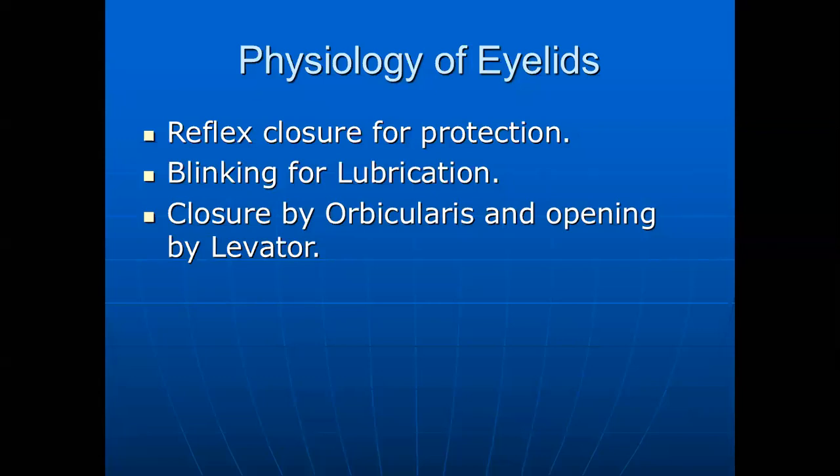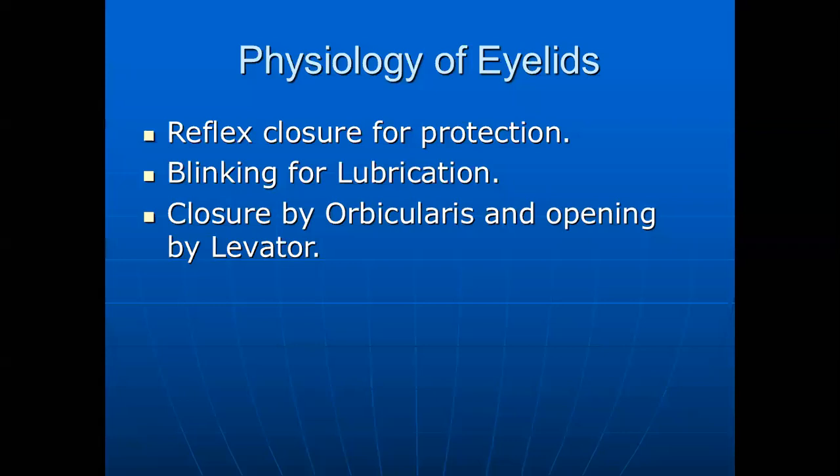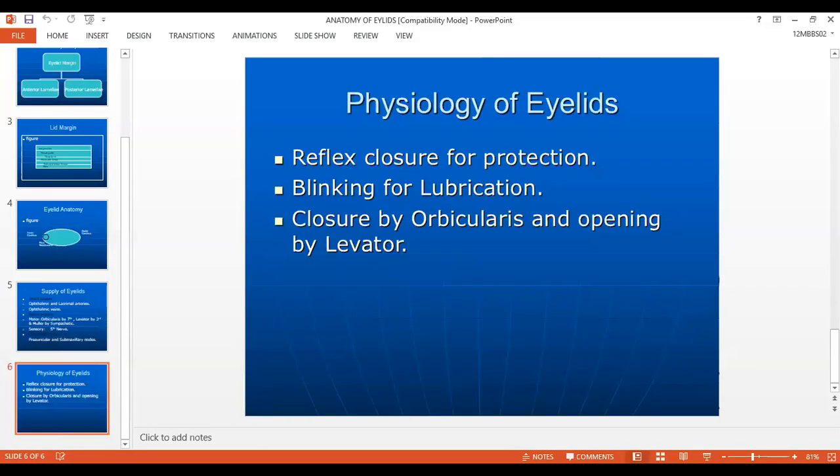The closure of the eyelid, as I already told you, is by the help of the orbicularis oculi, and the opening of the eyelid is mainly by the levator and a little bit by the Muller muscle. Now, this was a basic idea about the normal anatomy of the eye, and let's come to today's main topic, which is ptosis.